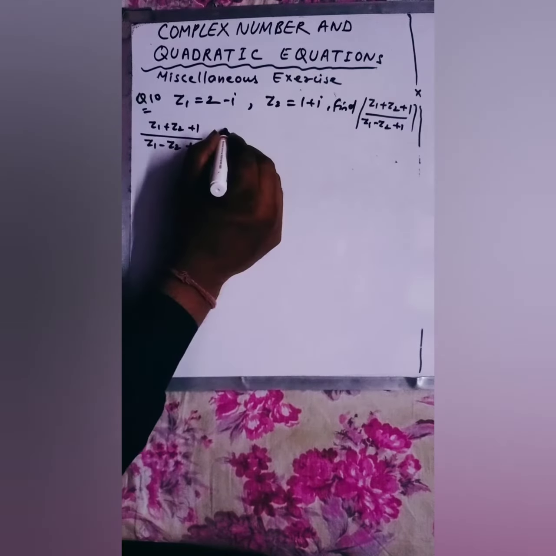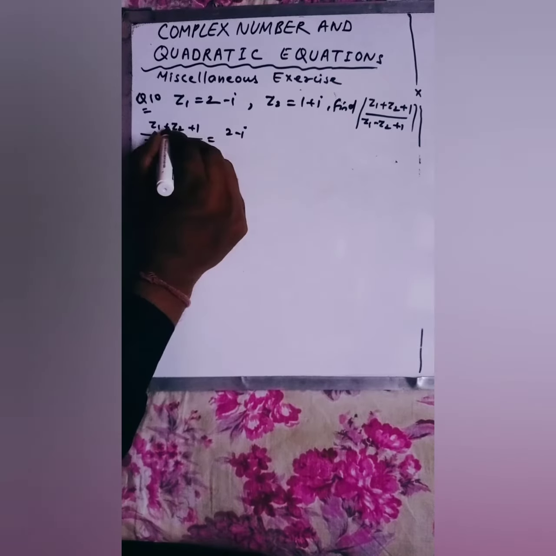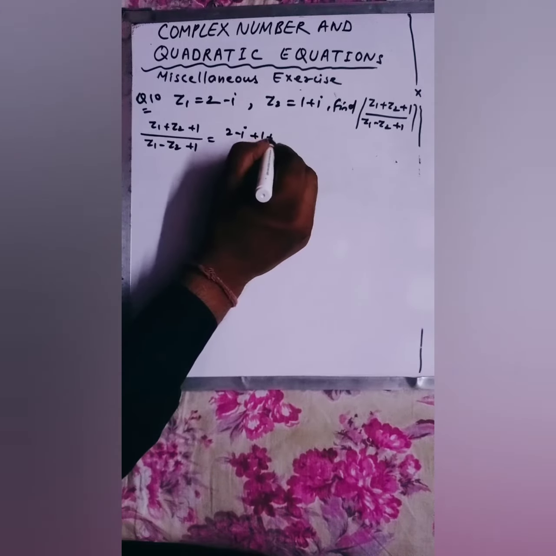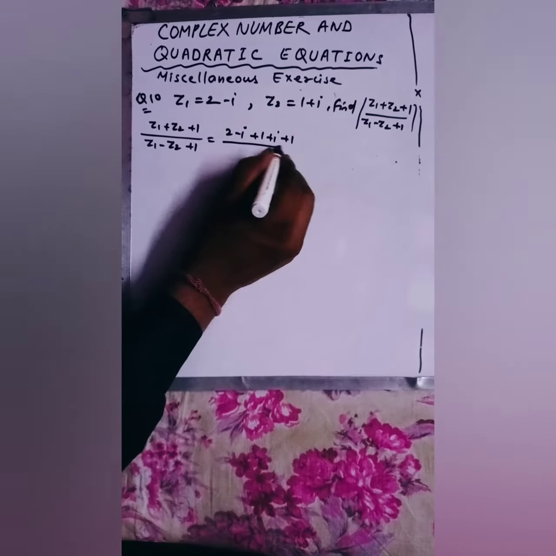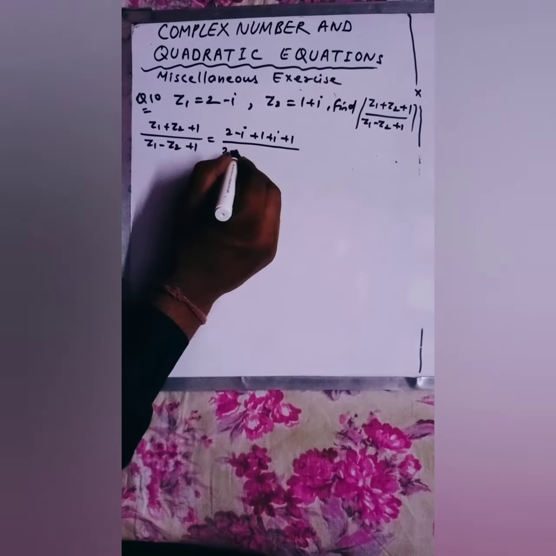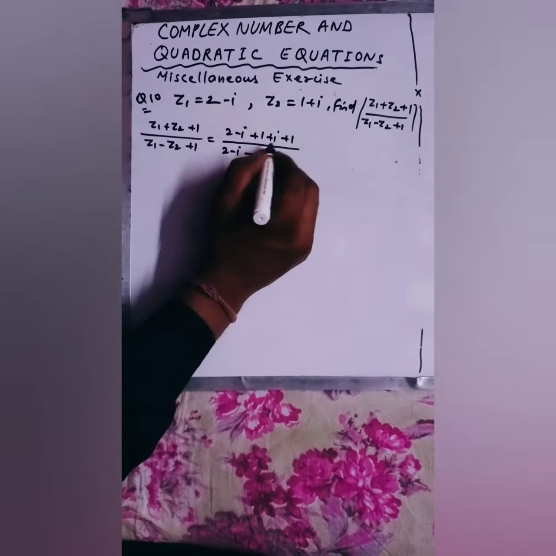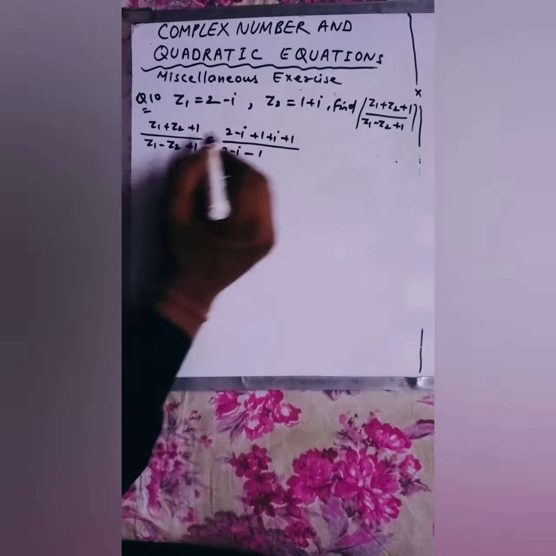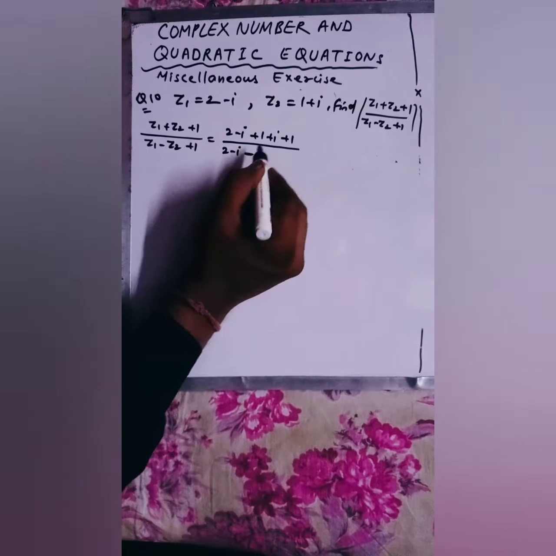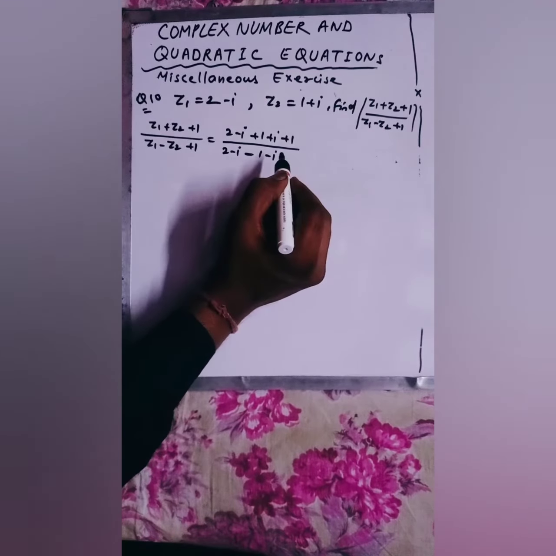That is 2 minus iota, and z2 is 1 plus iota, and then plus 1 over our z1, which is 2 minus iota, minus z2, which is 1 plus iota. When we put it here, minus is coming outside, so it will be 1 minus iota.